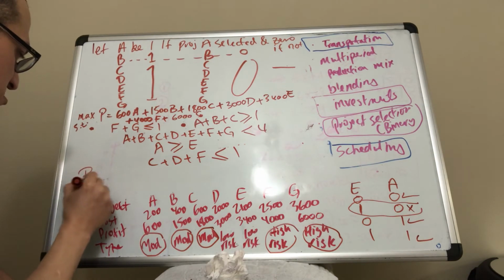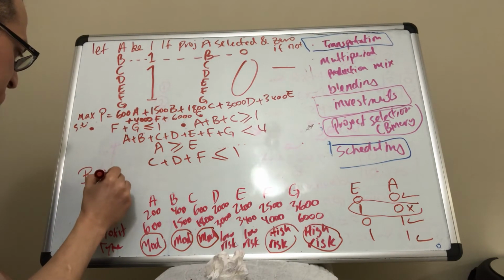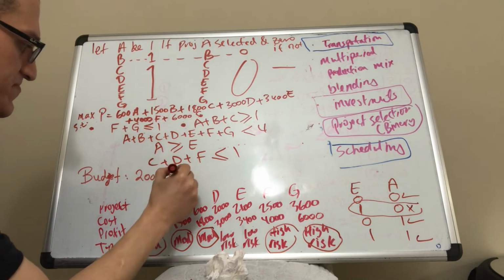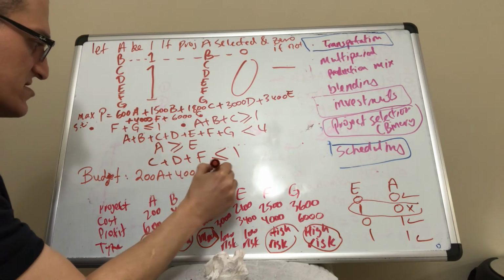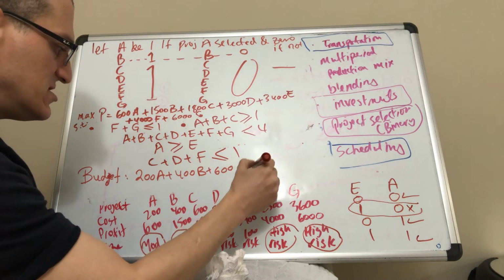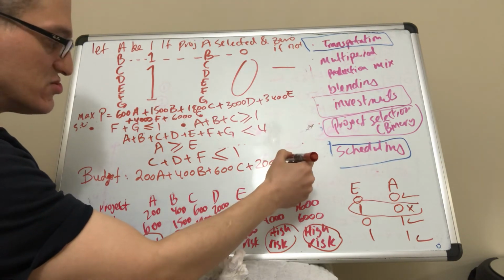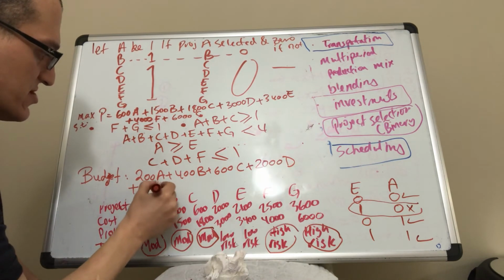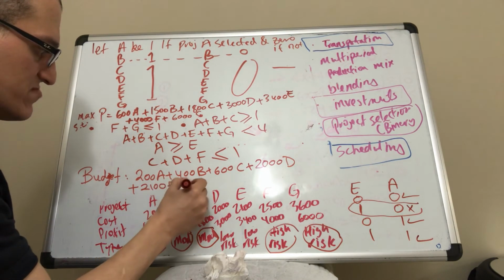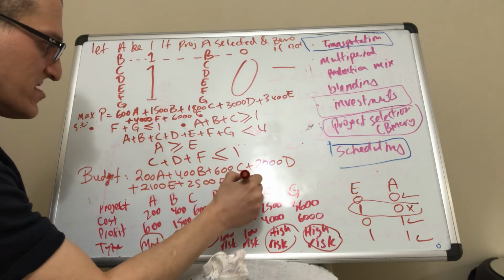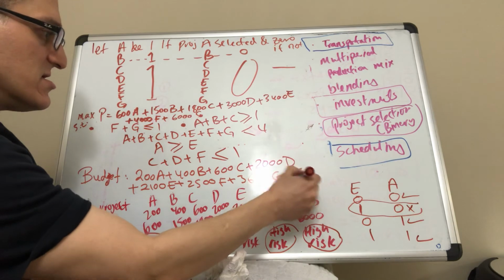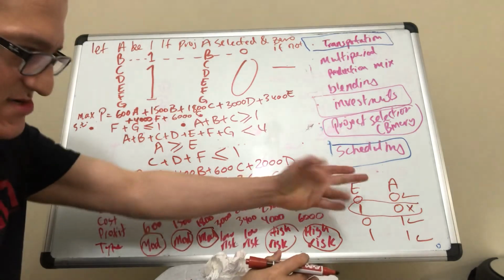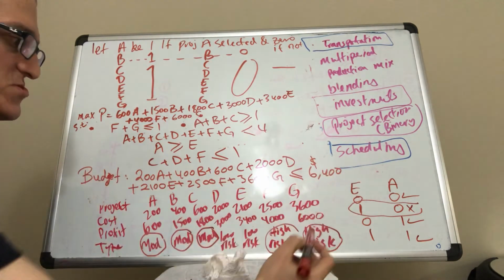So if we consider the budget, it's gonna cost $200,000 to do A, $400,000 to do B, $600,000 to do C, $2 million to do D. It will cost $2,100,000 to do E, $2,500,000 to do F, $3,600,000 to do G, not to exceed $6,400,000. It's in thousands of dollars, but to be consistent, only put the 4 numbers.